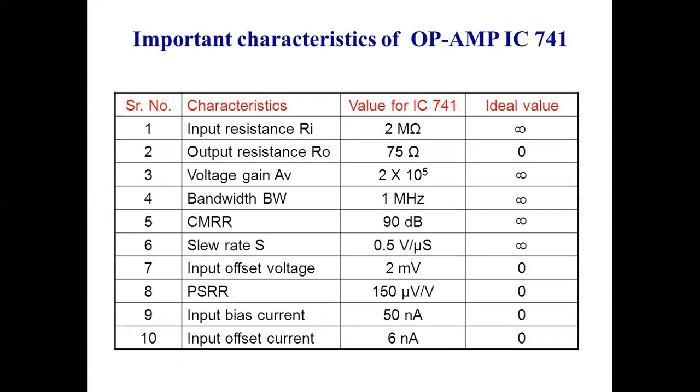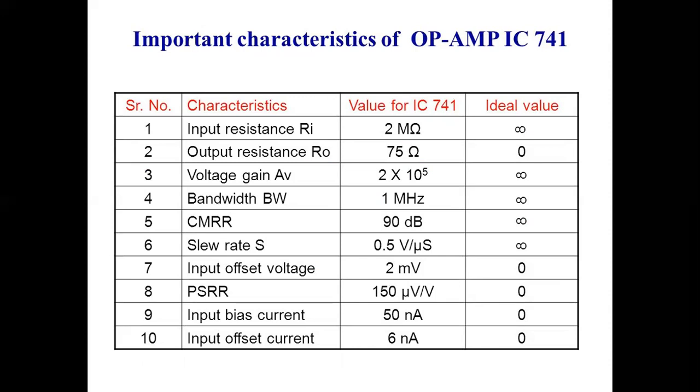In AC characteristics, if you change the frequency of the input, that is, the frequency band of the input is changed, what will happen in the output? This is the AC characteristics of operational amplifier. For DC characteristics, we define how much input we can give through the voltage and current source.